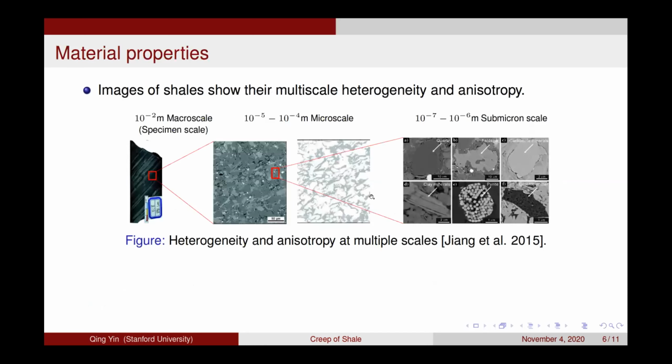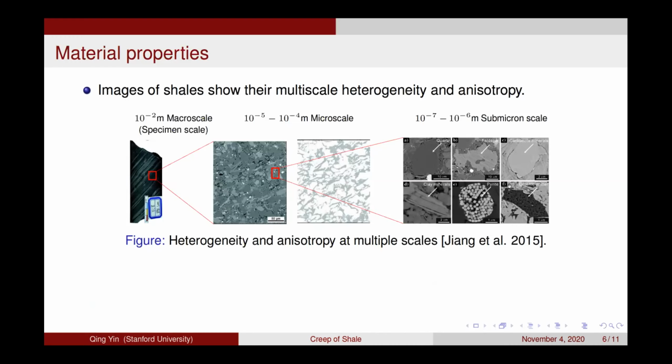So the first ingredient needs us to look close at the material at multi-scales. As has been introduced before, this shale is multi-scale heterogeneous and multi-scale anisotropic. At the submicron scale, we can see that the shale sample has different compositions like quartz, feldspar, and carbonate.